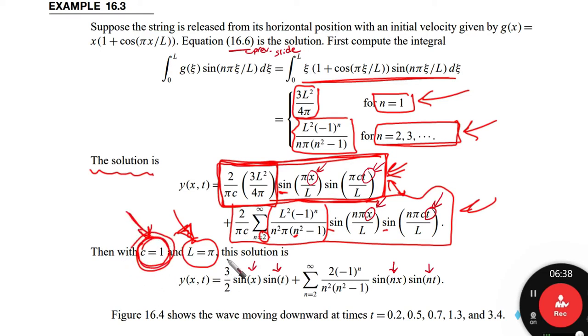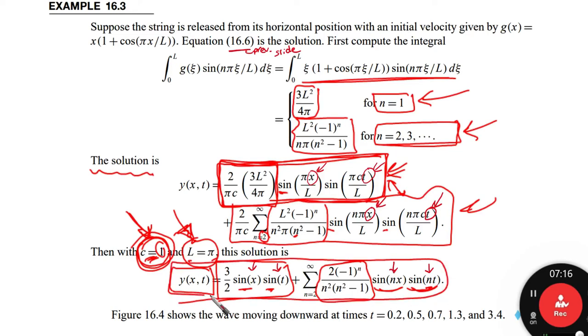So this solution ends up with y(x,t), the wave function that we are searching for, equal to 3 over 2 sine x sine t, plus the summation from n equal to 2 to infinity of this term, times sine nx times sine nt, because with c equal to 1 and L equal to pi, they cancel out. Then we need to know how this wave function is represented graphically.